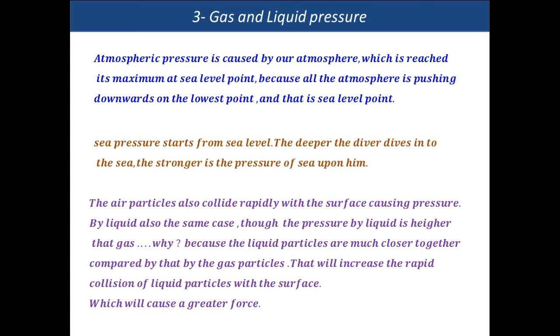Just like in the last lesson when we spoke about density of steel and iron, the steel has more density because the atoms are much closer together. Here the atoms of liquid are much closer together. That's why, by their rapid movement and collision with the surface, they cause more force, because we have more rapid collisions of the atoms with the surface, since they are closer together in comparison with gas.